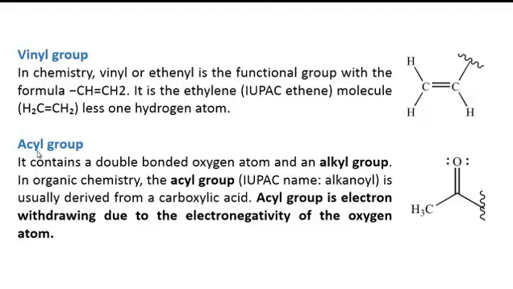And what is an acyl group? Acyl group contains a double bonded oxygen atom and an alkyl group. So here is the double bonded oxygen atom, and here is the alkyl group. Important point is that acyl group has an electronegative oxygen atom, because of which it has electronegativity.